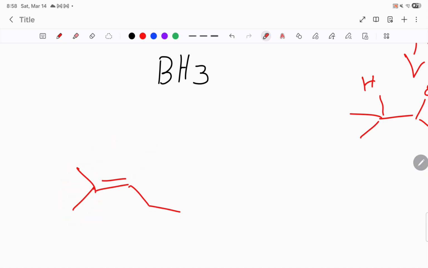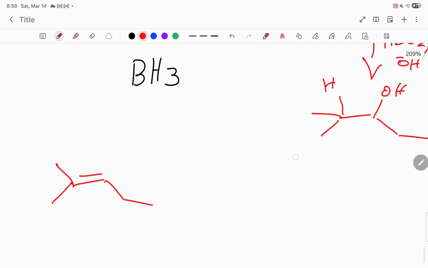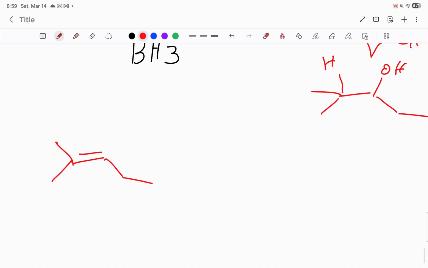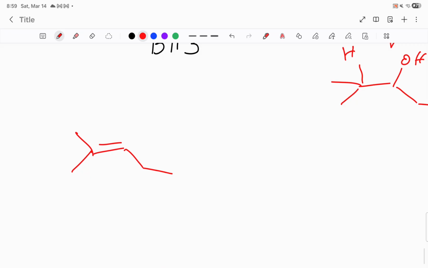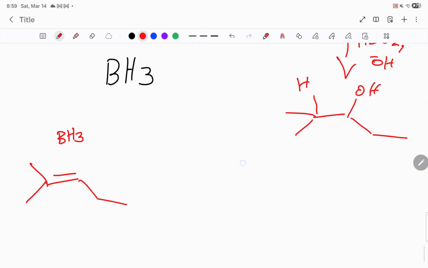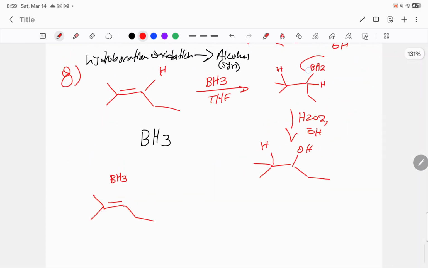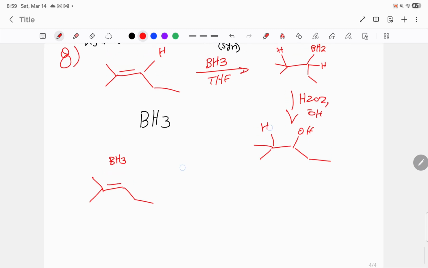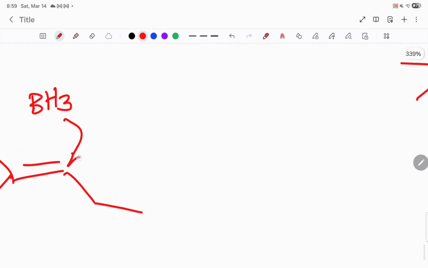Okay, amazing. So now let's take a look at how this mechanism occurs. Well, my borane, like I told you, here's my BH3, it likes to add to the less substituted. So where do you think this BH3, which by the way will add as a BH2, will add to? This one or this one? Well, obviously it adds to the less substituted, so this one.